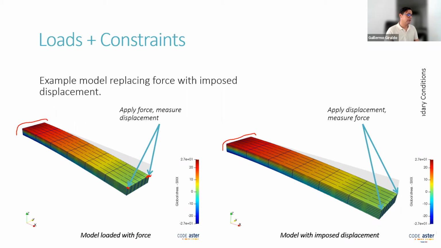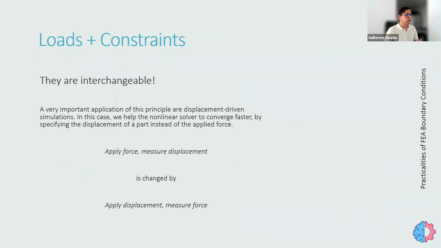So what I have proven here is that sometimes the loads and constraints are interchangeable. And a very important application is displacement-driven simulations, which help a lot to converge nonlinear solvers.